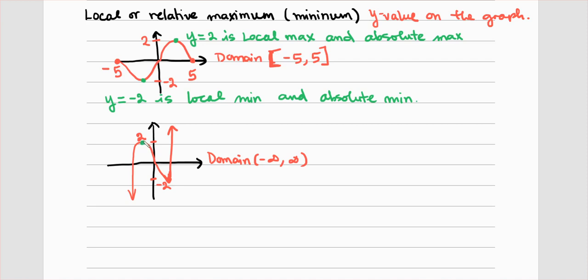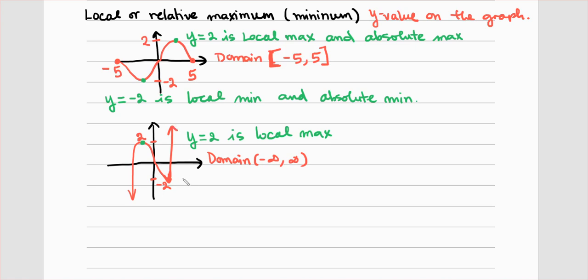But at this point y equal 2 is only our local maximum. It's not our absolute max, it's just this local max, because if you look at the right end of the graph, our function f of x or our y value will approach the positive infinity.